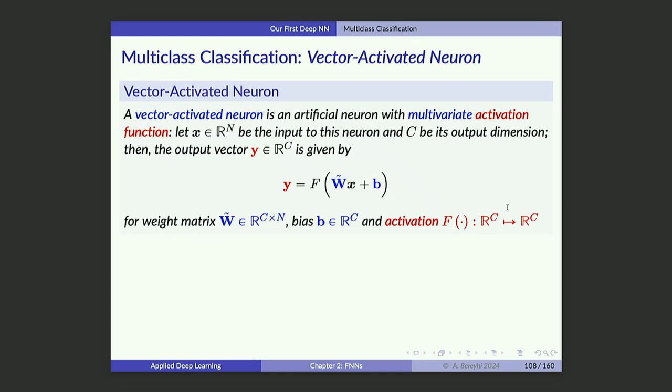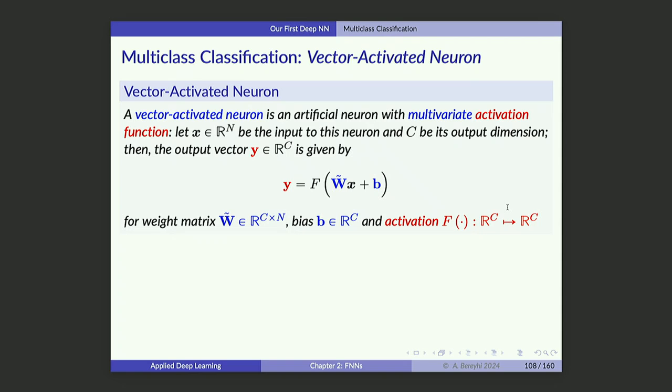So instead of this simple vector here, I'm going to have one matrix W, which is getting multiplied with my input. It's going to compute one output. I can potentially have a bias, but this bias now should be a vector, right? Because after multiplying this matrix to a vector, I have a vector of outputs, right? So there is a vector here, and then I'm going to compute a vector. Then I put one function, F, which gets one vector and returns again one vector. Clear? So this is what I am calling the vectorized or vector-activated neuron.